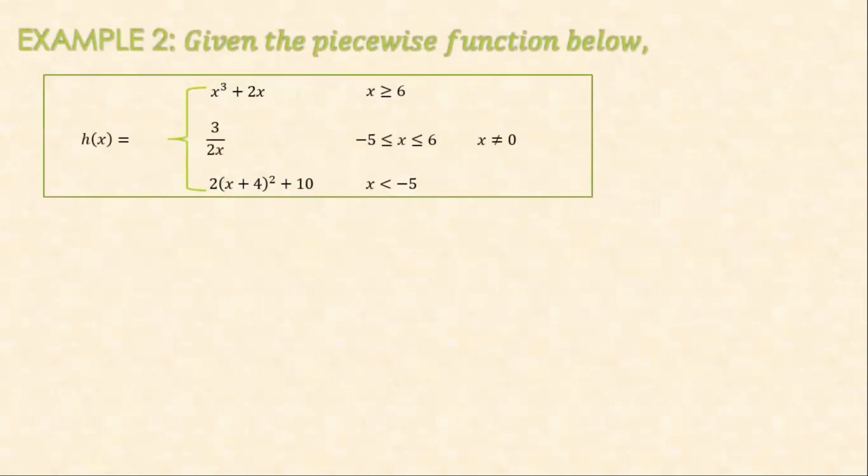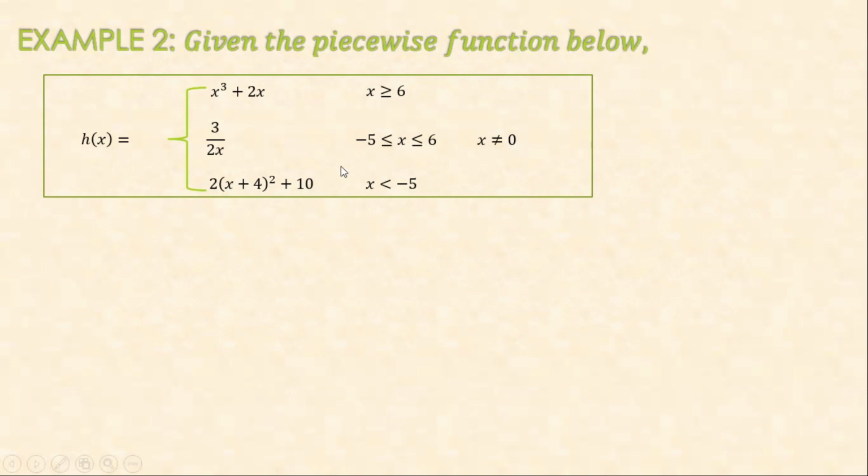Given the piecewise function, h of x equals x cubed plus 2x, given the condition that your x should be greater than or equal to 6, and then we have 3 over 2x with the condition that your x should be between negative 5 and positive 6, and your x should not be equal to 0.